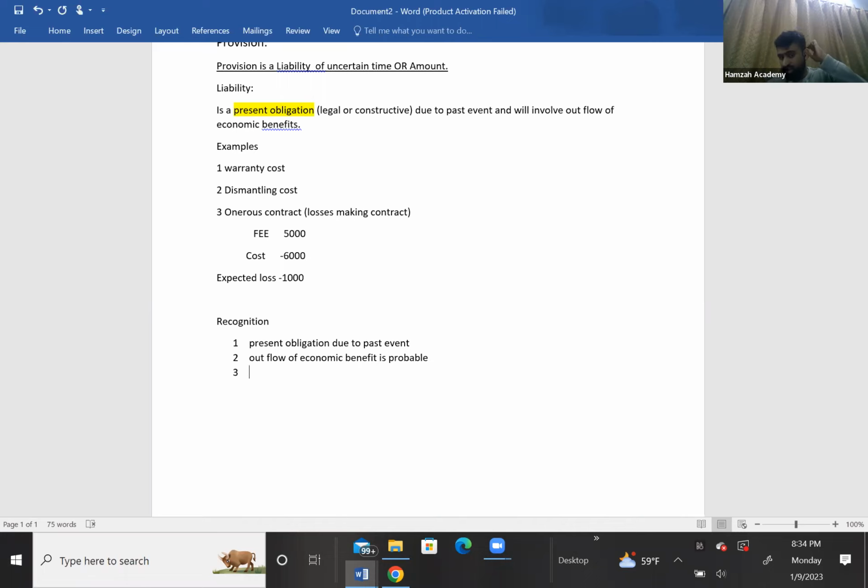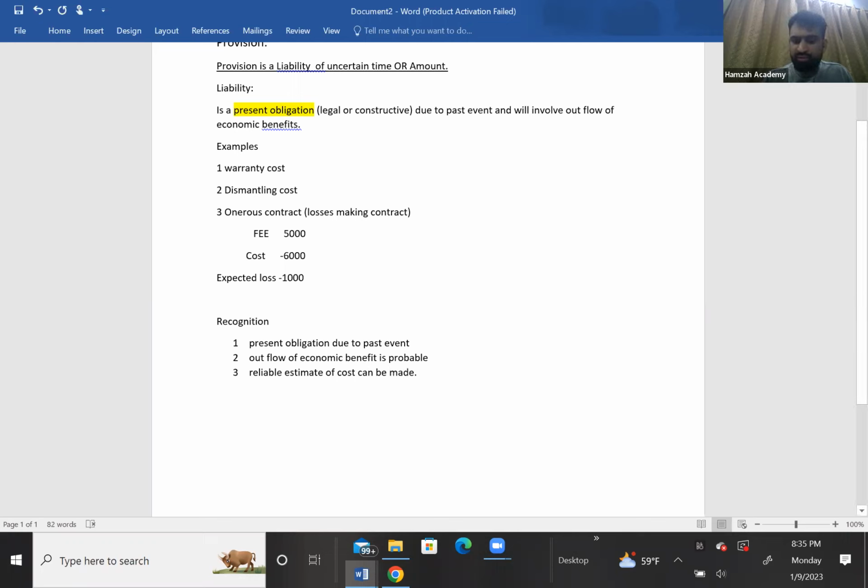And number three, a reliable estimate of cost can be made.